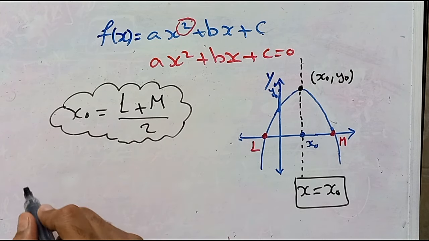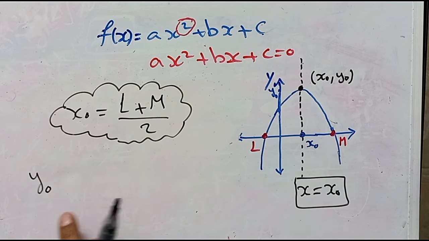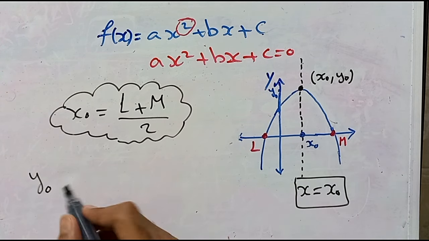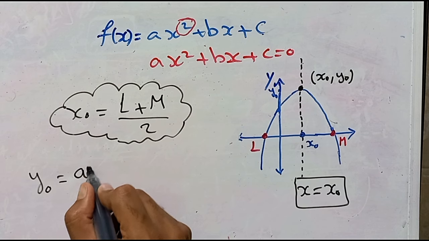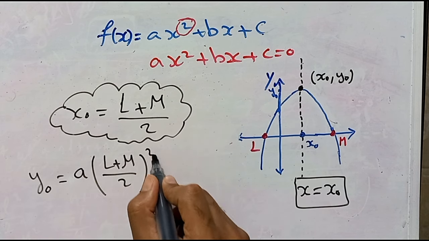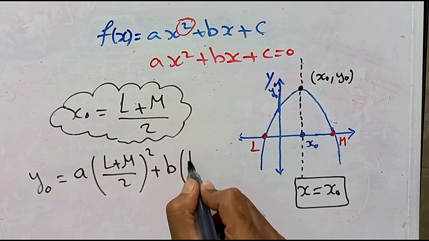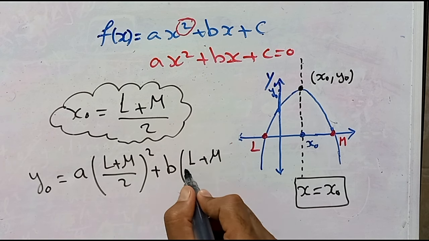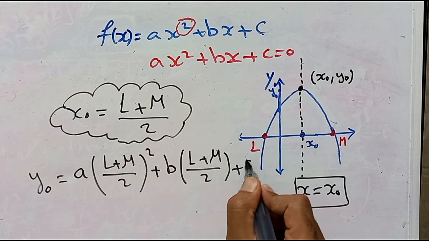So y node, which is the second coordinate of the vertex, equals a times ((L plus M) over 2) power 2 plus b times (L plus M) over 2 plus c.